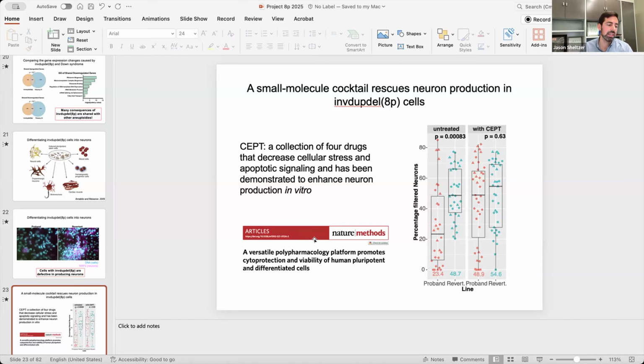The components of this, so polypharmacology means it has a lot of effects, basically. These are not highly specific drugs that you would take to inhibit a specific biological process. These are drugs that are known to be somewhat promiscuous and to impact a lot of different cellular processes.